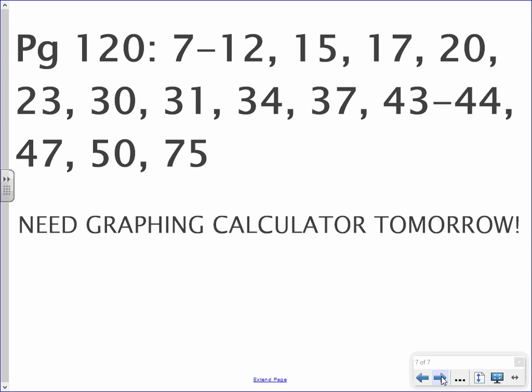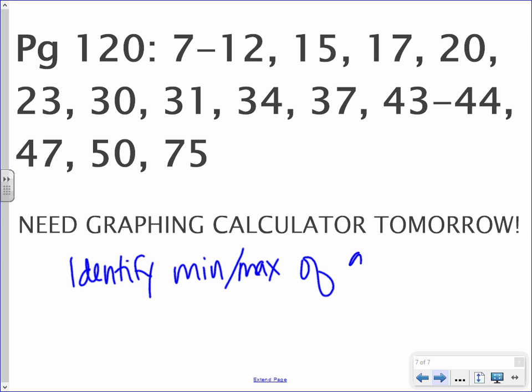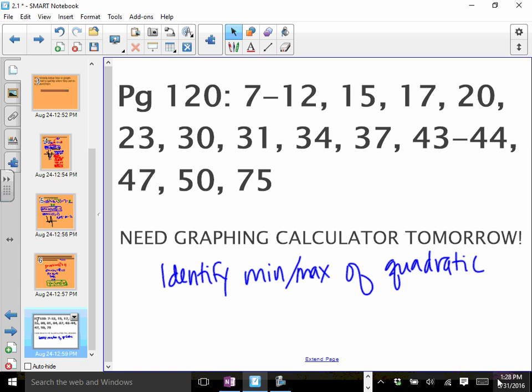If you could please turn to the 2.1 objectives and then just add in somehow: identify minimum or maximum of quadratics. Yeah, so that is something that will be important for quiz and test, okay? Let me go ahead and stop my recording.